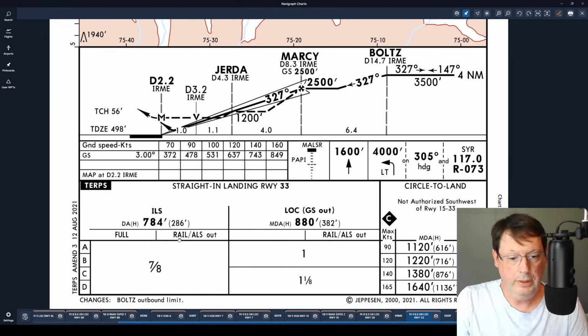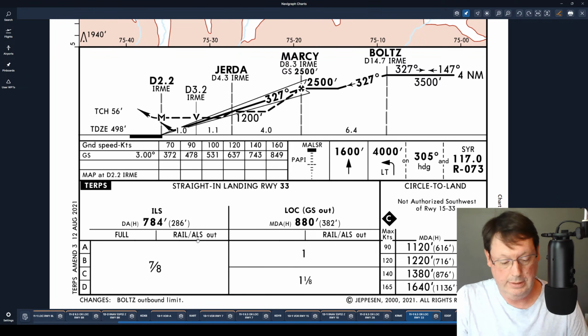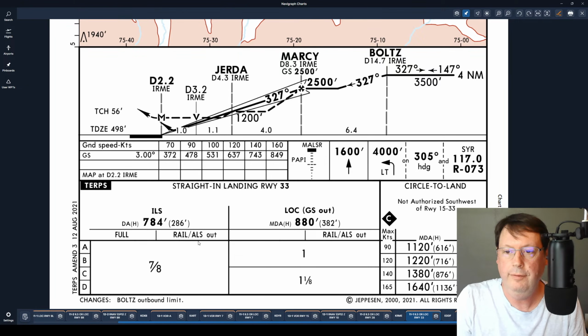And then this over here, it says RAIL ALS out. So the RAIL, the runway lights or the approach light system. I forget. I finally found something that I don't remember what it means. I know what it is. I just don't remember what it specifically means. RAIL is the runway alignment indicator lights.